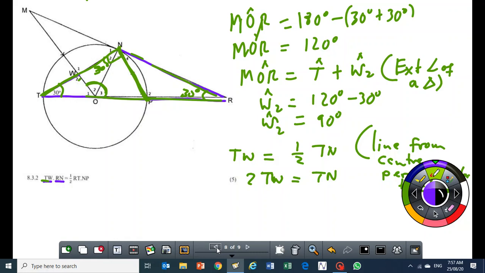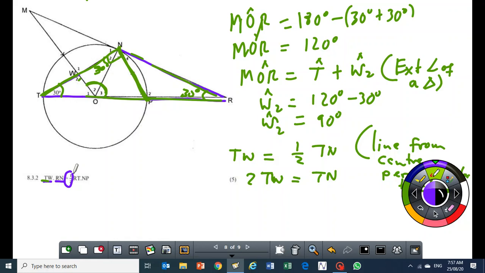So why did you have to prove it like that? For you to end up having this half, it comes from theorem 1: a line from the center perpendicular to a chord. So WO is parallel to NP. The whole line is parallel to NP.